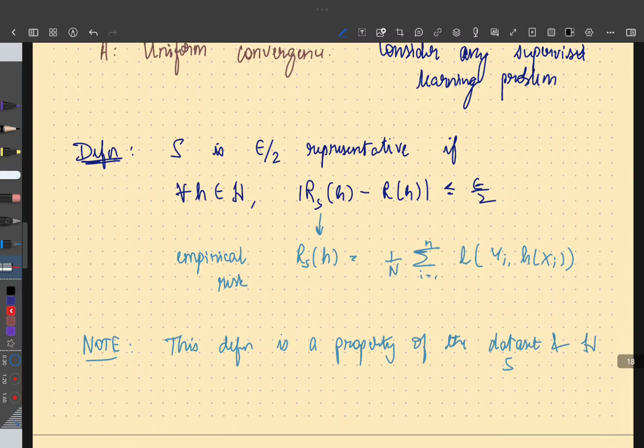Formally, we say that a given sample set of size n is epsilon by 2 representative if for every hypothesis within your class, every predictor within your hypothesis class, the empirical risk is epsilon by 2 close to the average risk.